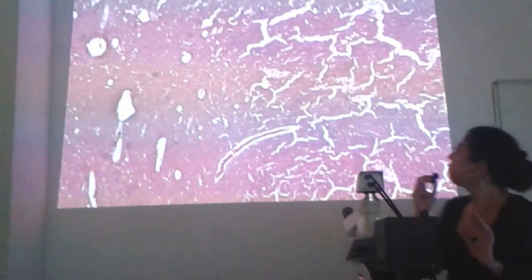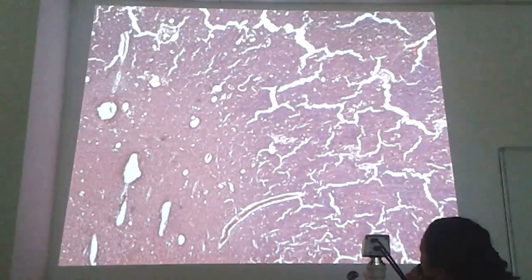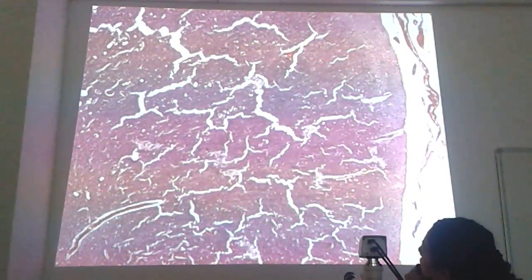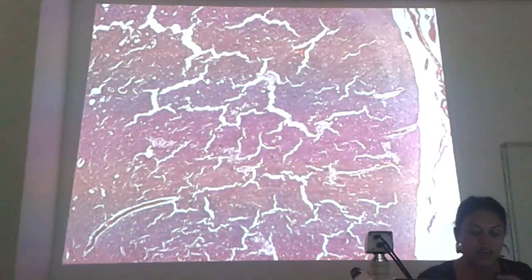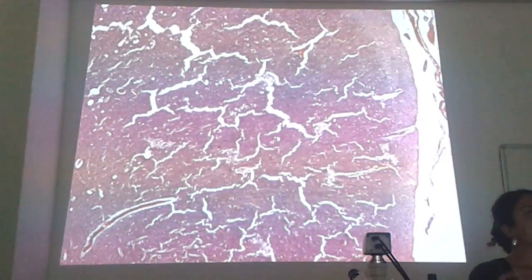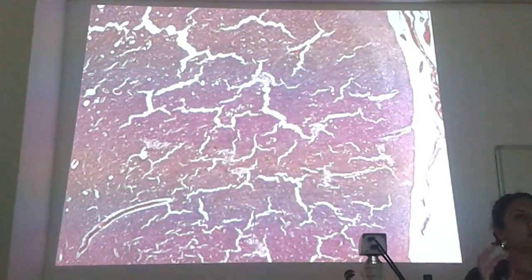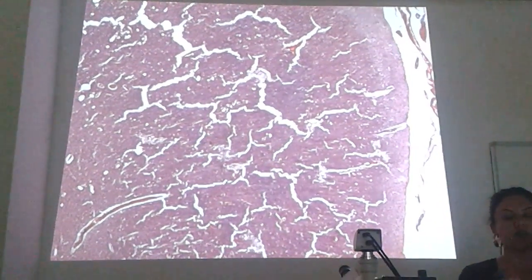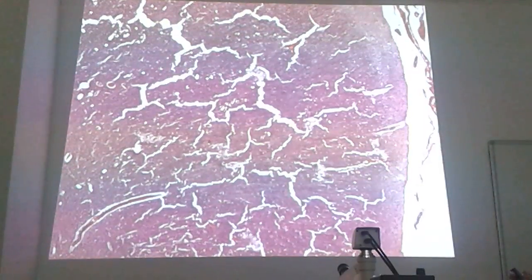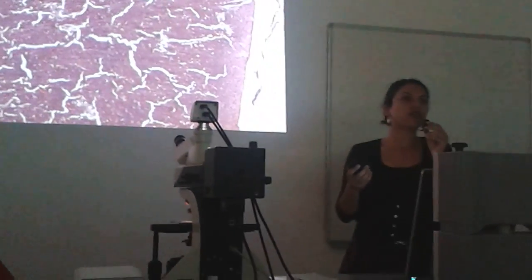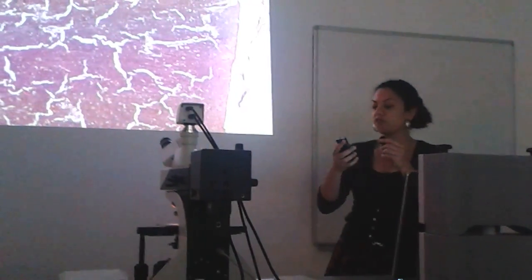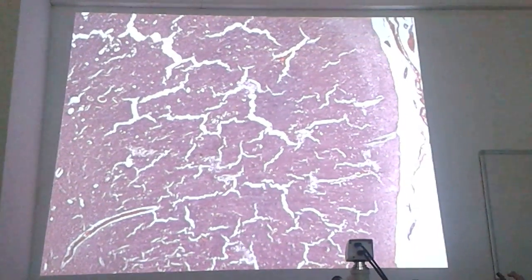And this is the lowest magnification. As you can see, this is the outside of the organ. In cerebrum, the gray matter is found in the outer surface of the organ, and the white matter is in the deep part of the organ.